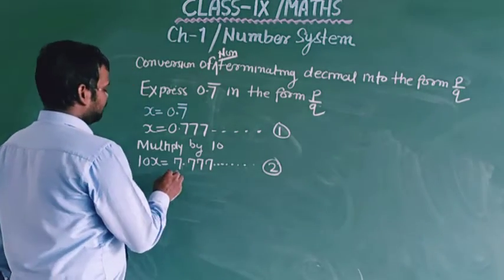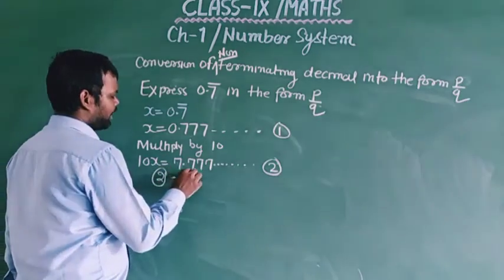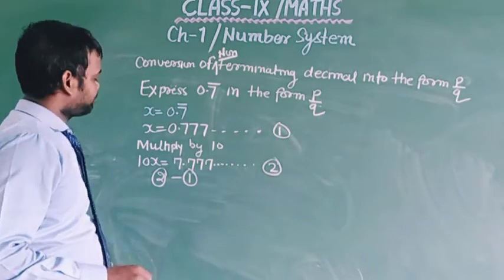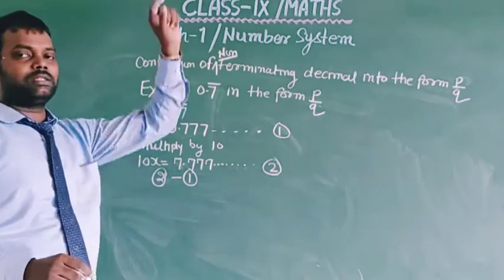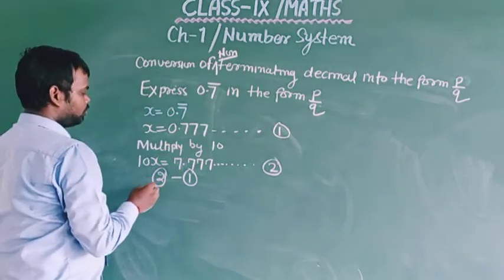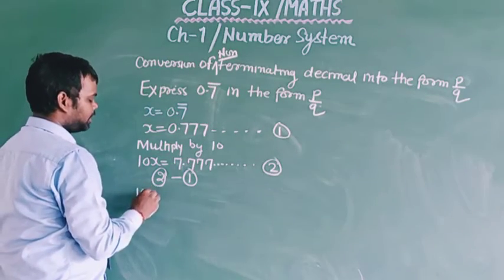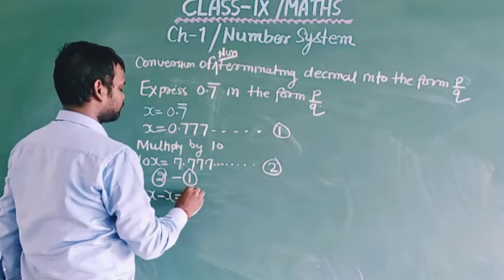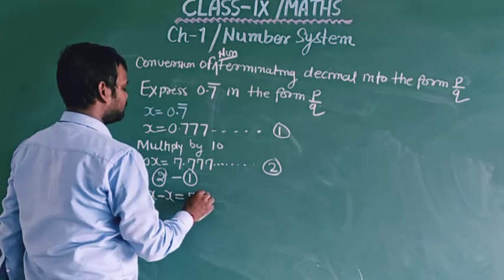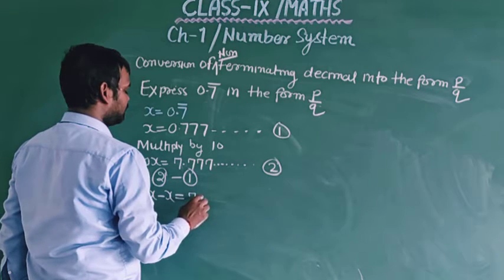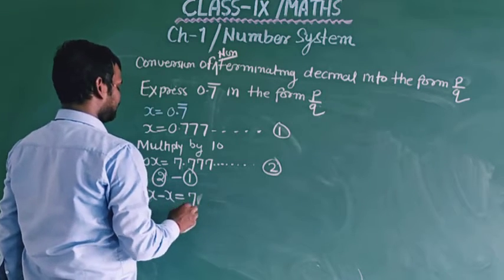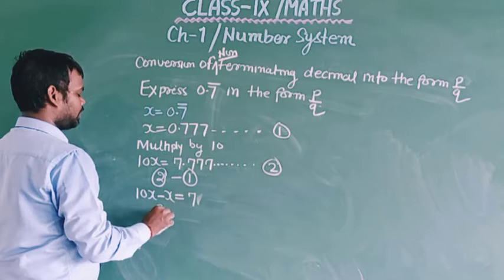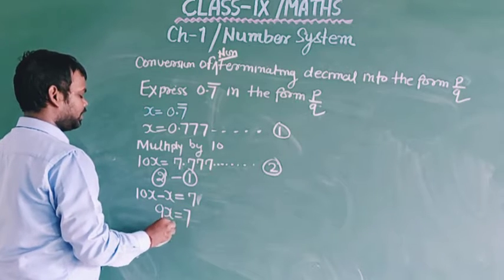Now subtracting equation 2 minus 1: 10x minus x equal to 7, so 9x equal to 7.